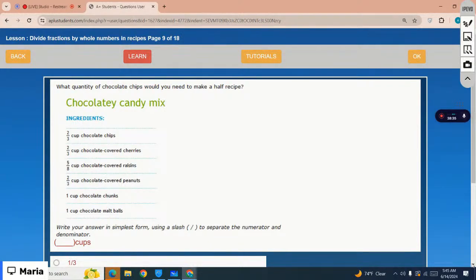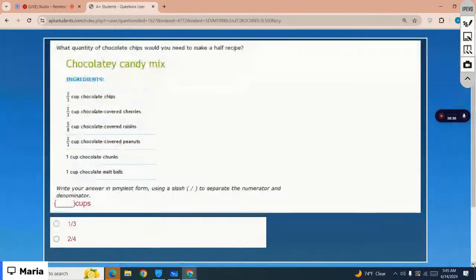So for the half, the correct option is 1 by 3.